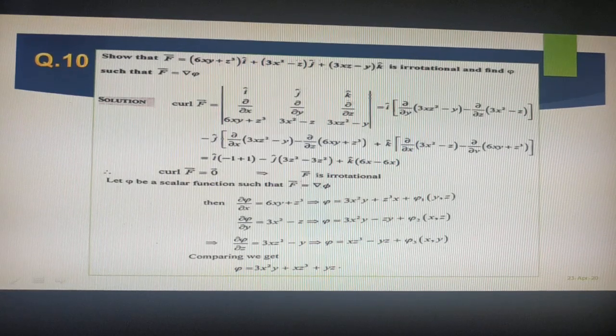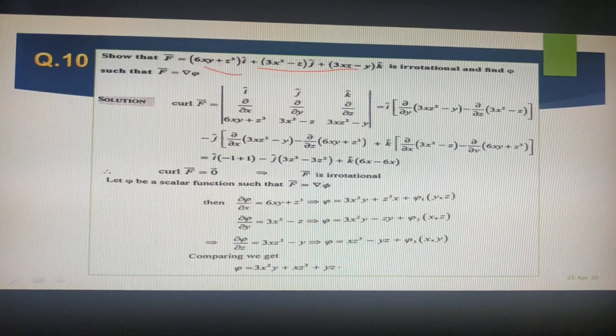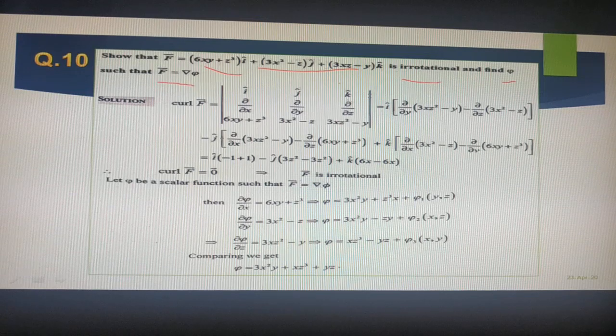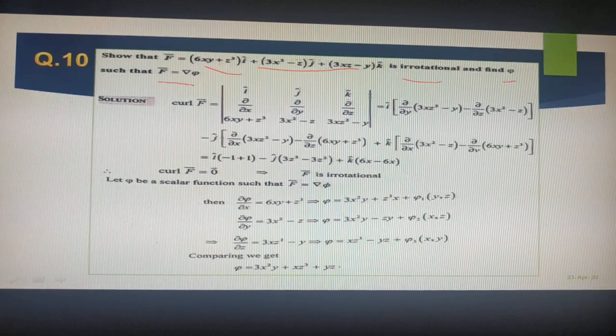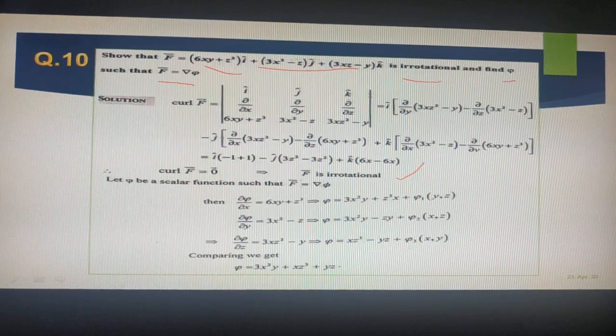Okay, this is also a similar problem. We have a force field or some vector field f bar, and it is irrotational, so you have to find your scalar potential pi. So how to get it? First you have to show that it is irrotational. We showed it is irrotational by getting curl f bar equal to 0 bar.